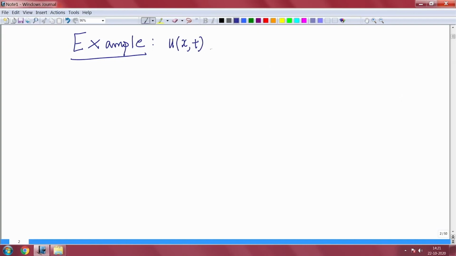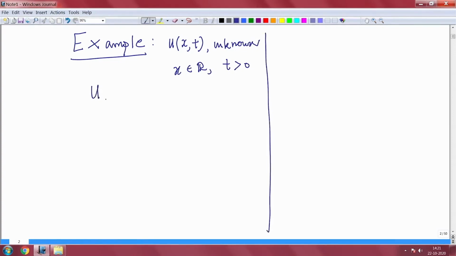So, the PDE here, u of x, t is your unknown, with x in R and t positive. So, we are doing it in the upper half plane. Okay. So, the PDE is u_t plus c u_x equal to 0 for x in R, where c is a constant.